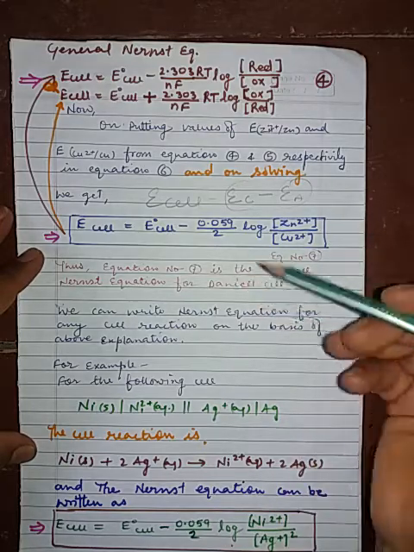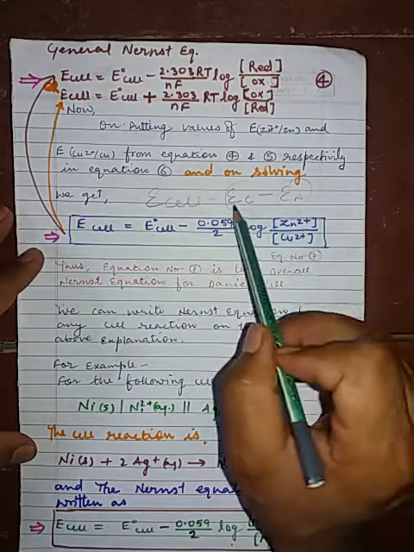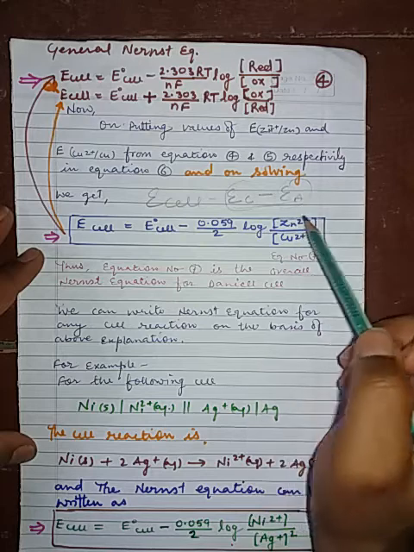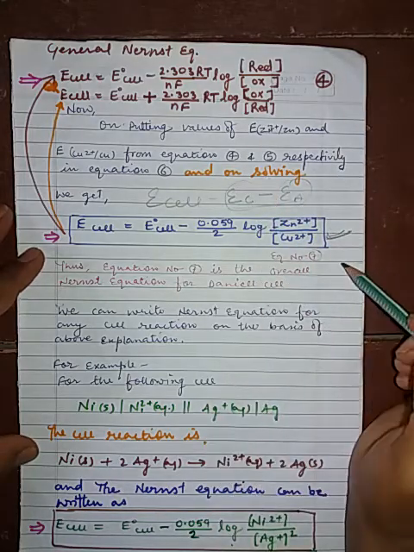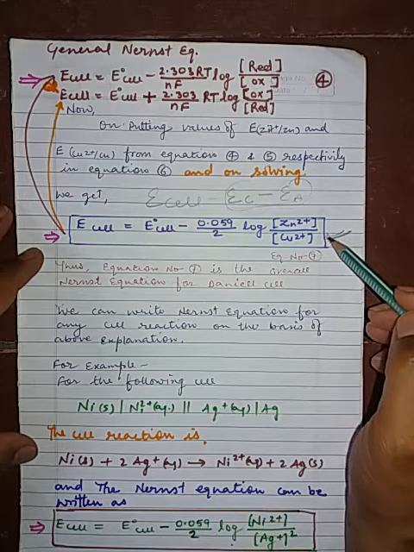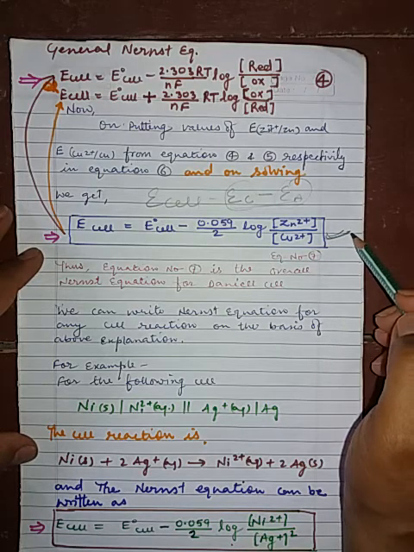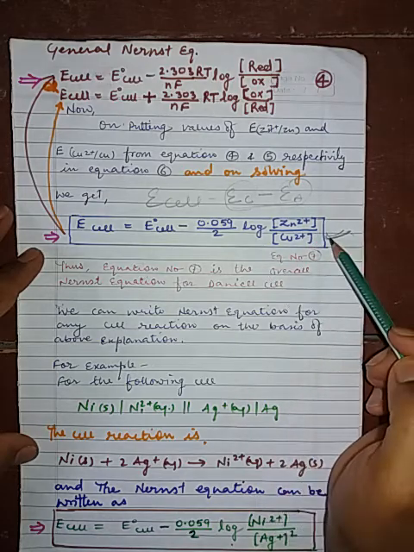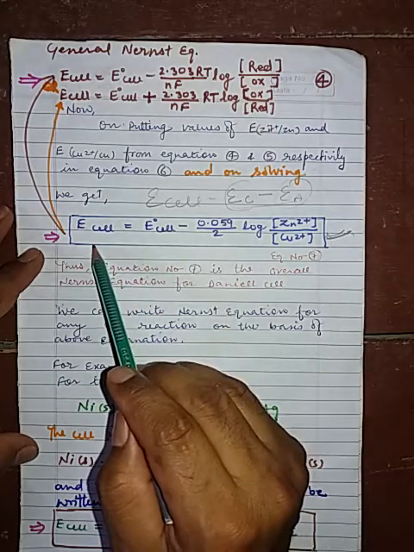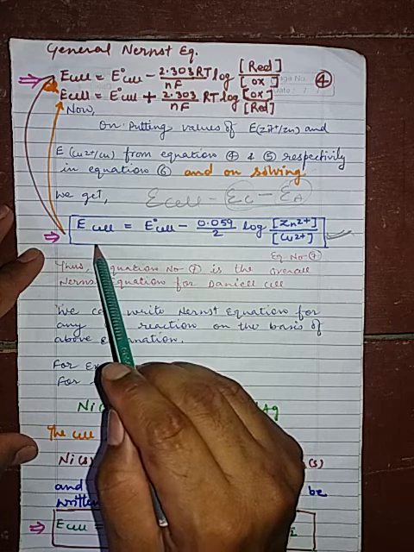On combining both equations, putting in these values and solving, we will get the complete cell reaction in terms of the Nernst equation. This will be the final Nernst equation for the Daniell cell, for the complete cell.